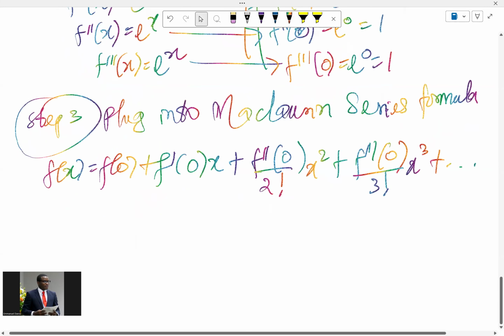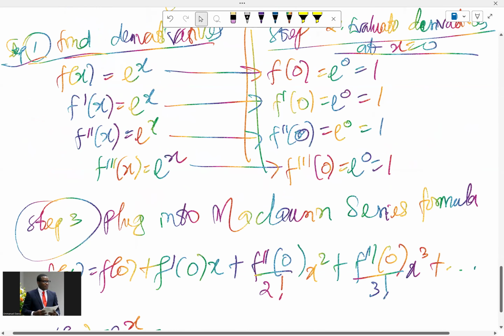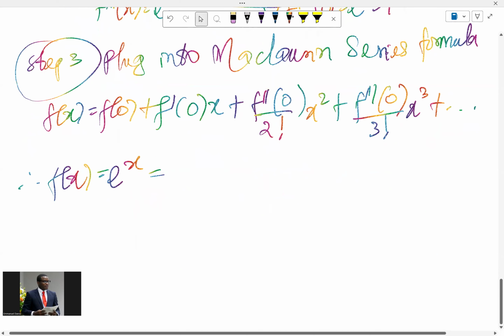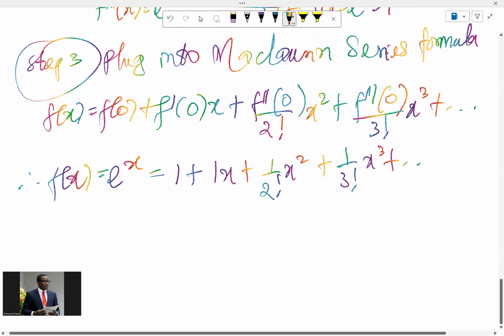So with this, f of x, which is e raised to the power x, is equal to f of 0. We know everything is 1. f of 0 is 1, and all the derivatives are 1. So we have 1 plus 1x plus 1 over 2 factorial x squared plus 1 over 3 factorial x cubed, and it goes on and on.